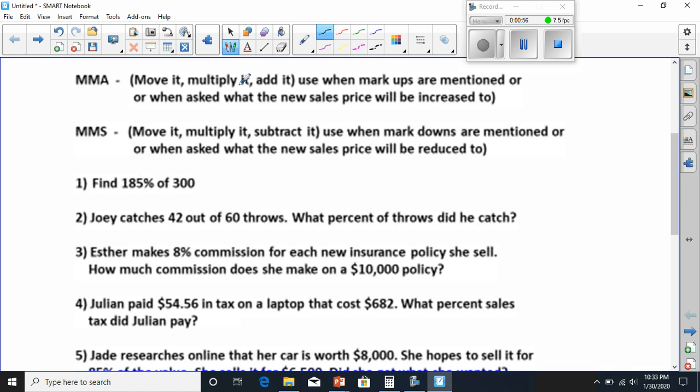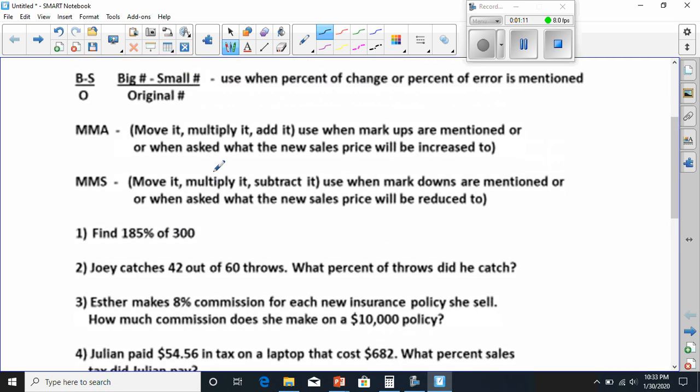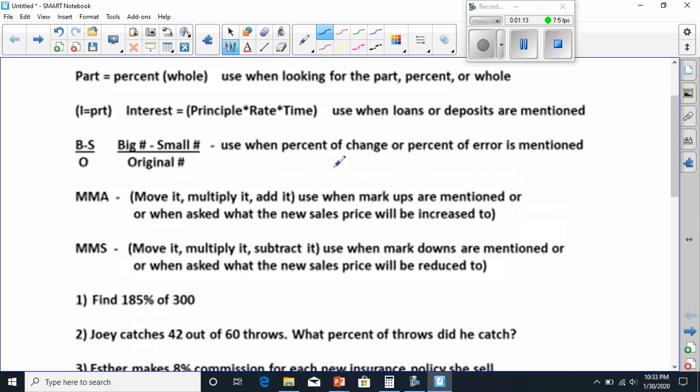185% of 300. Well, if we do this, we see that we are asked to find a certain percent of an amount, right? So basically a part of something. Well, we can see that they've given us a percent and a number, and if we start looking through here, which formulas will have us use a percent and a number?